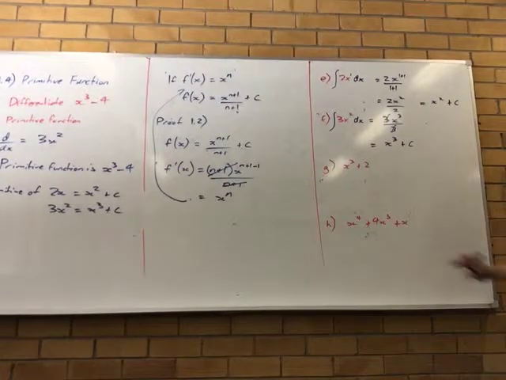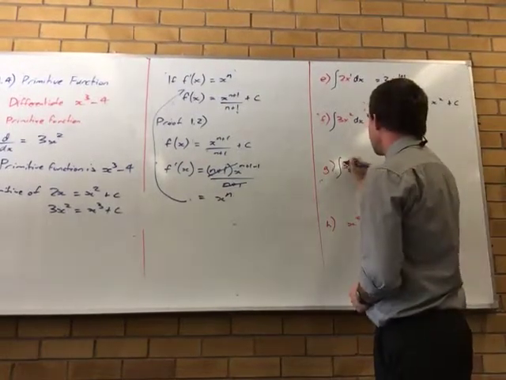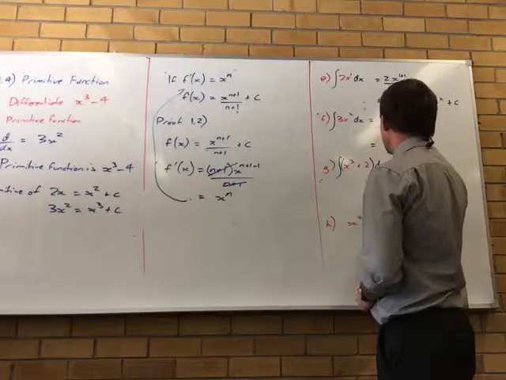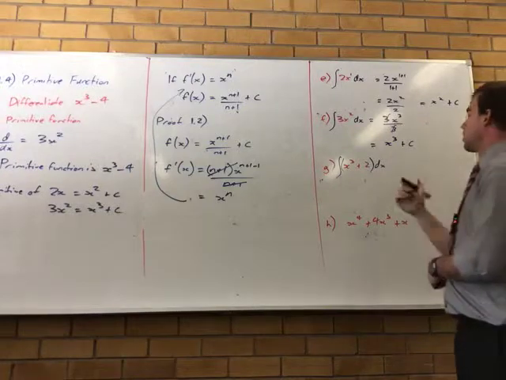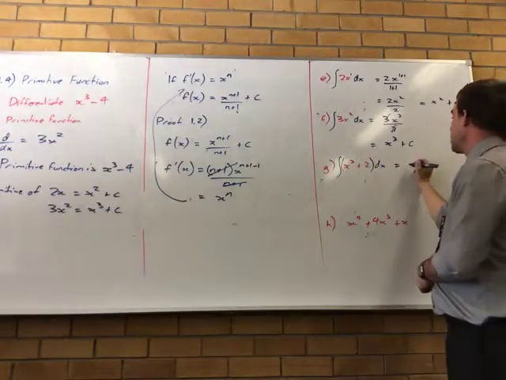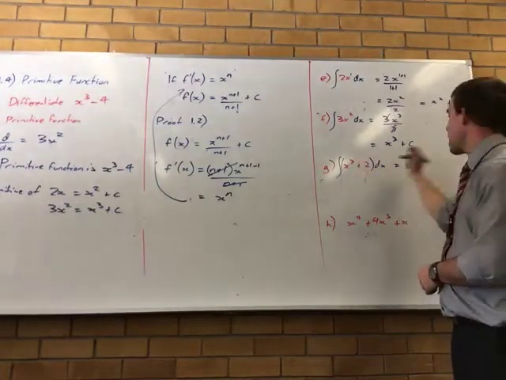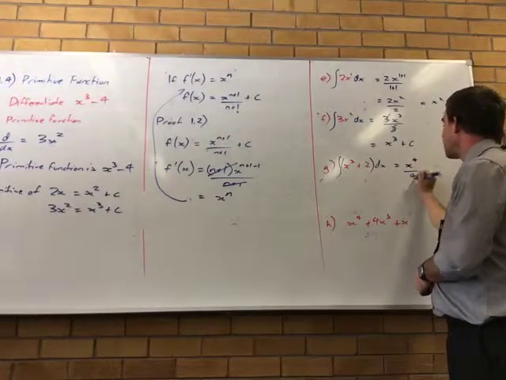Alright, so the integral of that dx, you're integrating the whole thing, so just like when you differentiate, when you're adding or subtracting, we can break it up into separate parts. Alright, so x cubed: add 1 to your power, divide by your new power.